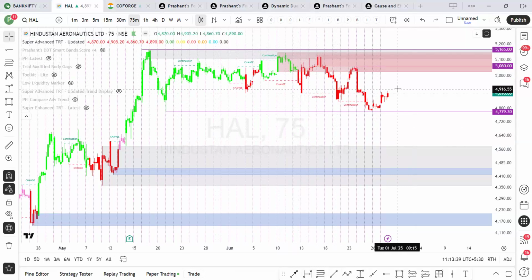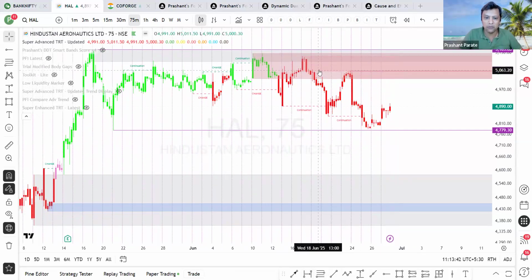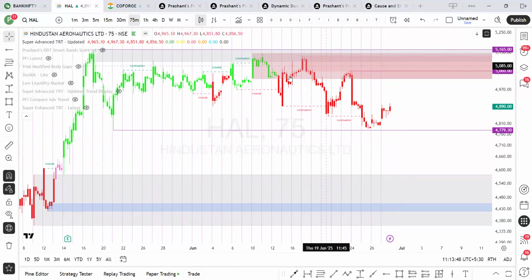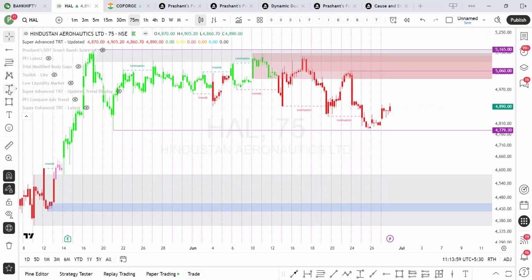I did not think about removing areas which are used once, because sometimes they give opportunities one more time. So this area is used once, then a second time also, but from the lower zone it has gone down. There is a strong selling area here.